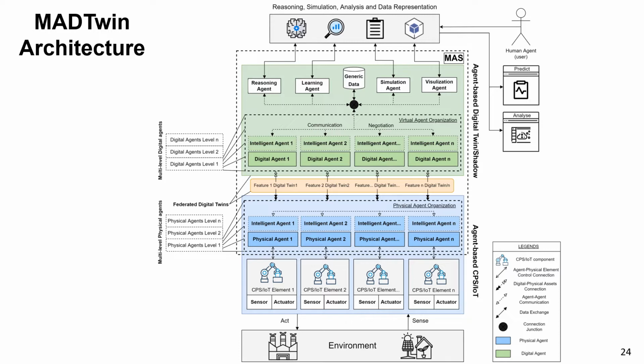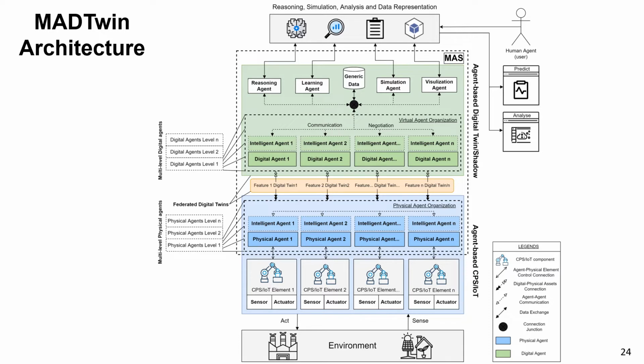The first layer, the blue layer, which contains all the physical assets, is called the agent-based cyber physical system IoT layer. This layer basically contains the cyber physical system, which, for example, has a sensor or actuator or other hardware component, and this system is integrated with an agent and is called a physical agent.